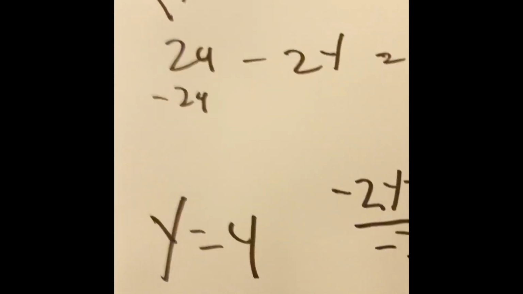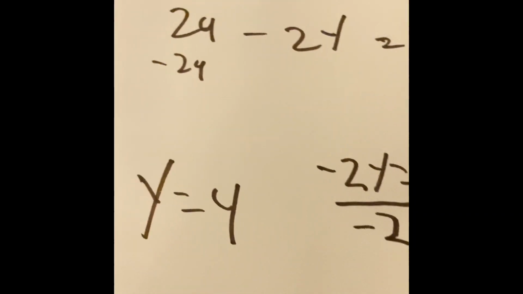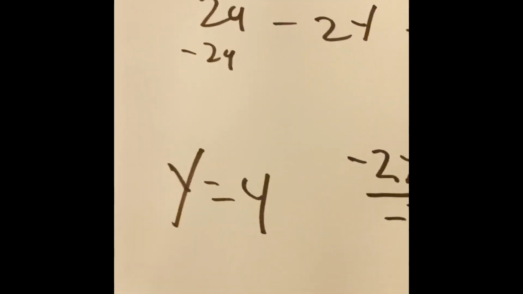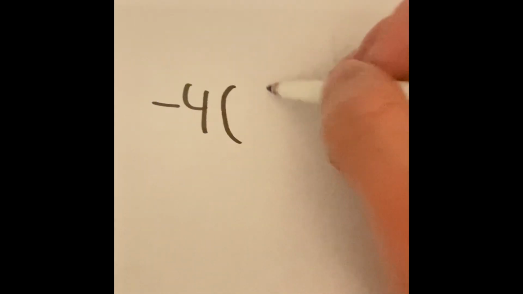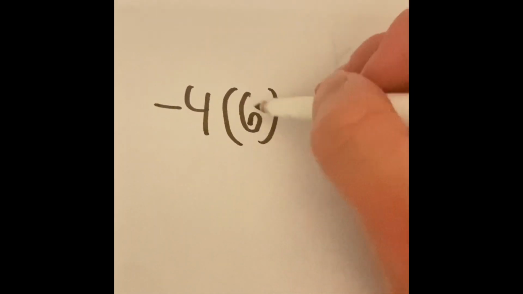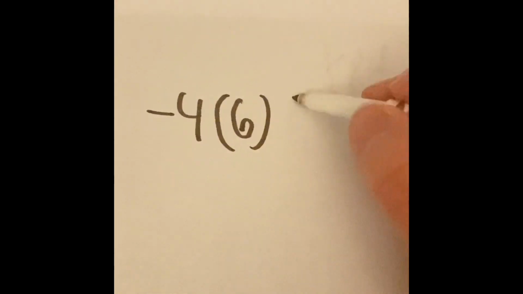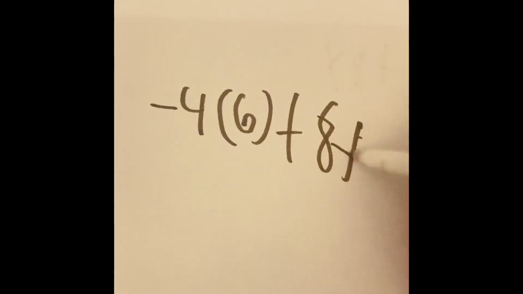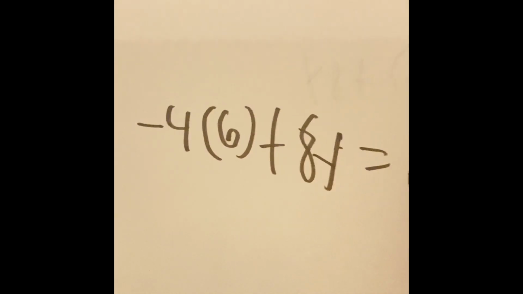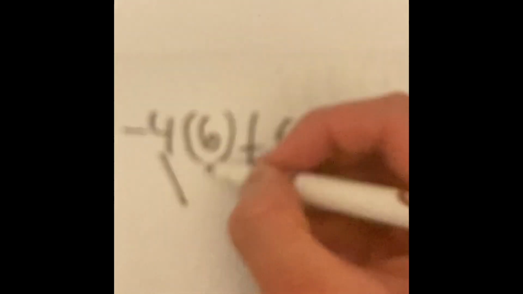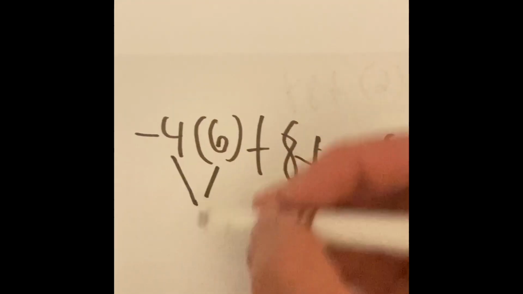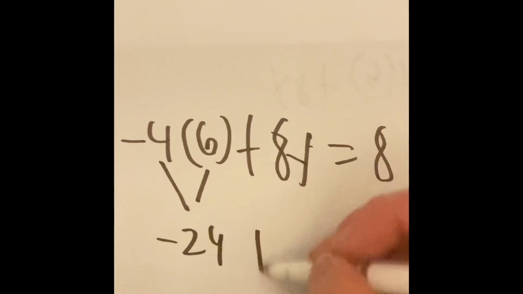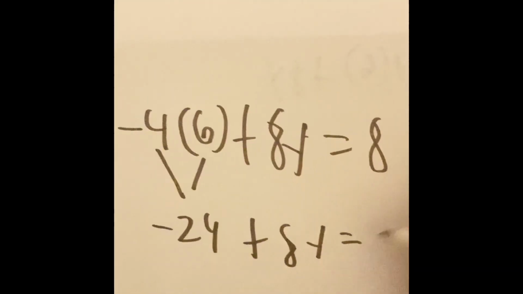and y is going to equal 4. Let's see the other equation and see if it also gives y equals 4. We have negative 4 multiplied by 6 as x, plus 8y, and that's going to equal 8. What is y? Negative 4 multiplied by 6 is negative 24, plus 8y equals 8.